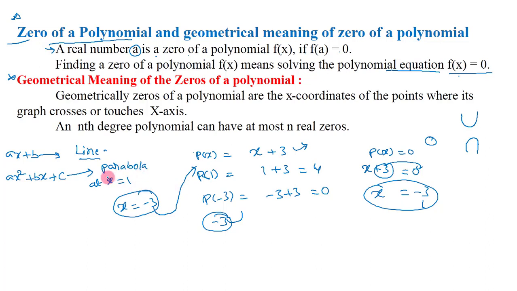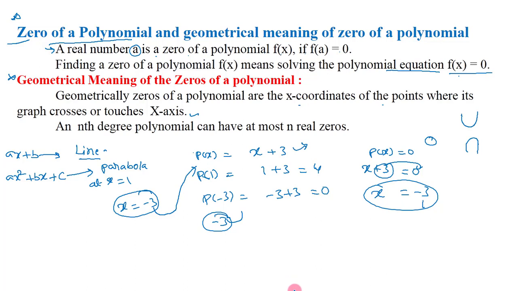Okay. Now let us see the geometrical meaning of the 0 of the polynomial. Geometrically, zeros of the polynomial are the x coordinates of the points where the graph crosses or touches the x-axis.